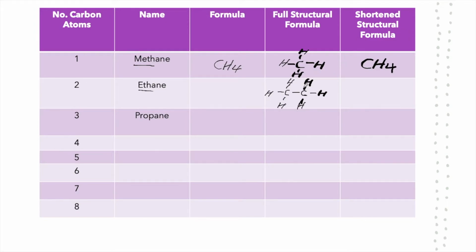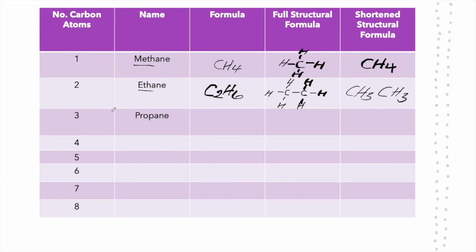Its shortened structural formula then, if we split it into the carbon atoms, is CH3, CH3. Its formula then, so how many carbons and how many hydrogens does it have, is C2H6.